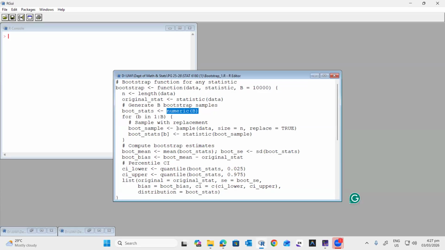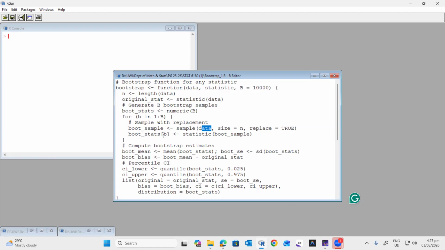I use the command sample to generate data from my original data stored in data, size n, and replace equals TRUE, which means with replacement, I take a sample of size n from the data.